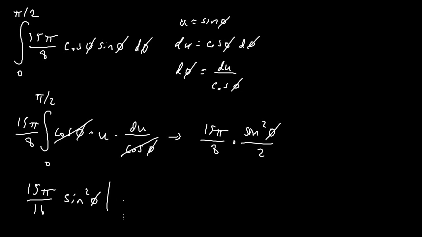Let's go ahead and evaluate that from the phi bounds of 0 to pi over 2. So when I evaluate, we get 15 pi over 16 times sine squared of pi over 2. Now sine of pi over 2 is 1, 1 squared is 1, minus sine of 0 is 0, 0 squared is 0. So our final answer is going to be 15 pi over 16.